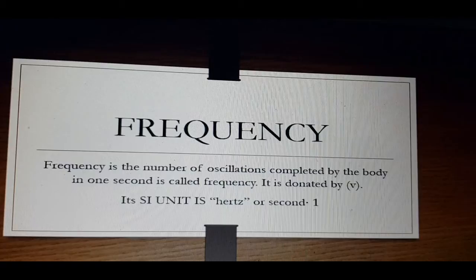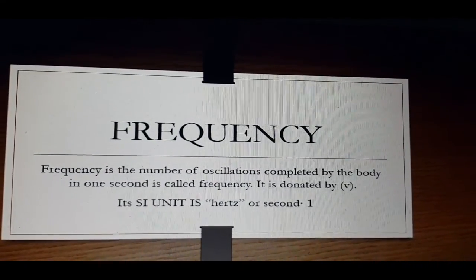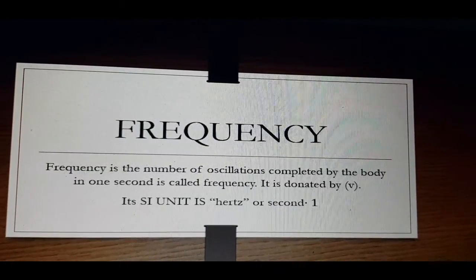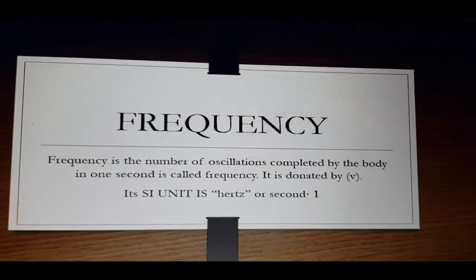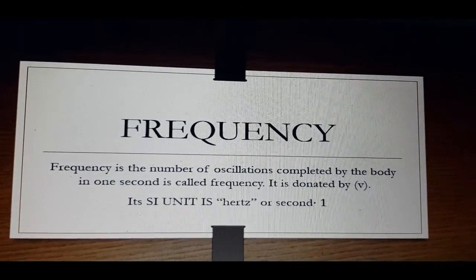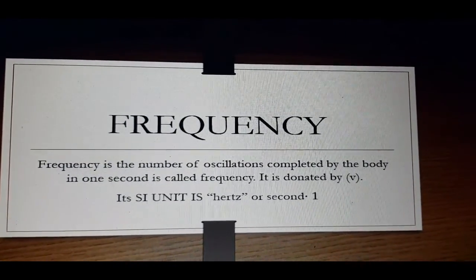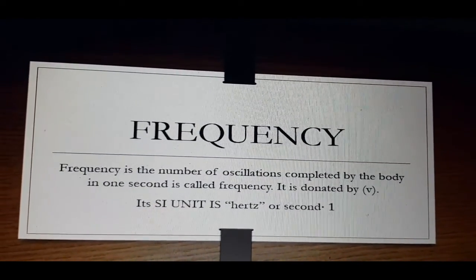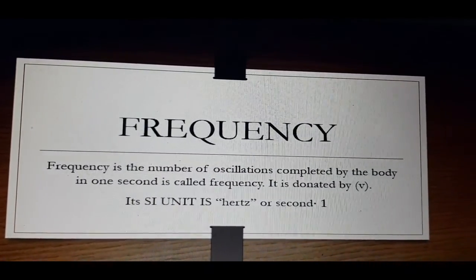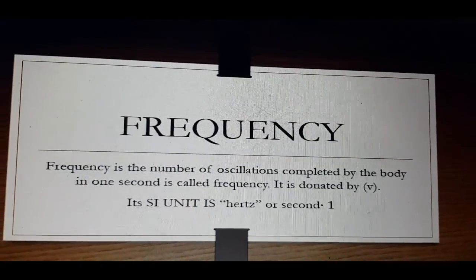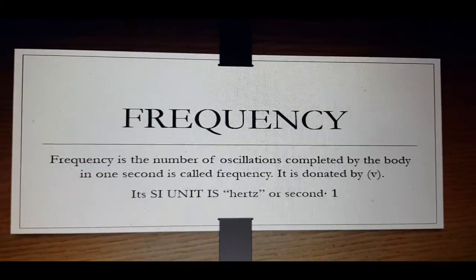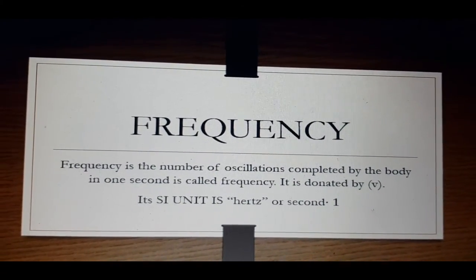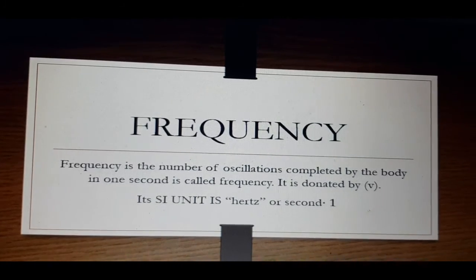Frequency. When we say frequency, it's the number of oscillations. If you remember, last time in period, we talked about the amount of time used to cover an oscillation. But frequency is the number of oscillations. How many oscillations a body completes in 1 second is called frequency.